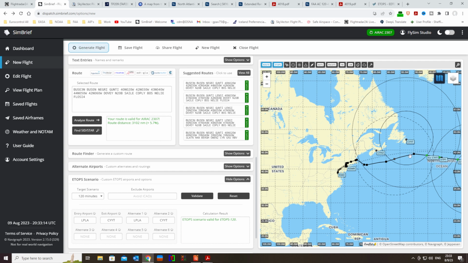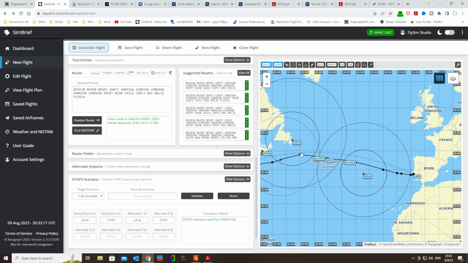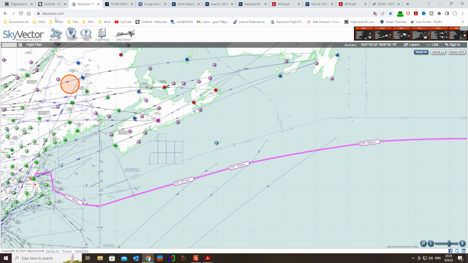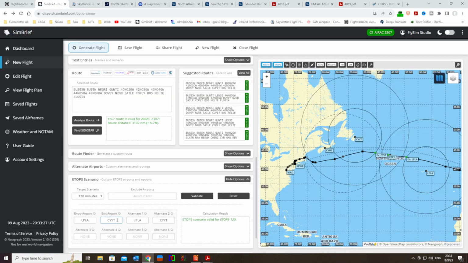This is a best case scenario right now, which is doable, but let's check, instead of Charlie Yankee Tango, Charlie Yankee Quebec India, to see. I would put it here, Charlie Yankee Quebec India, validate.